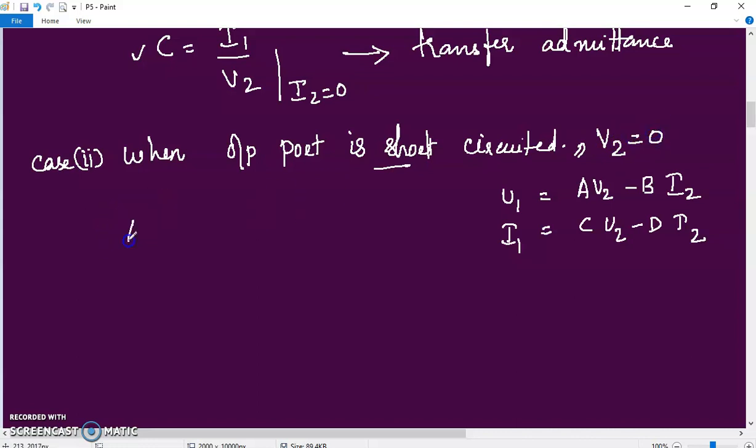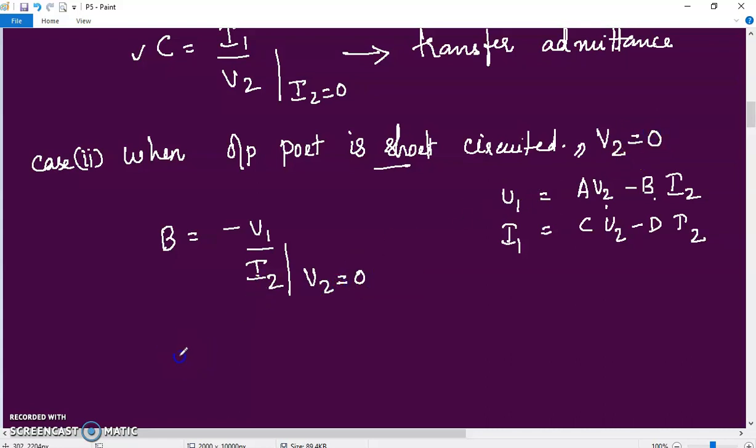Then B is equal to minus V1 by I2. When V2 is equal to 0, B is equal to minus V1 by I2.